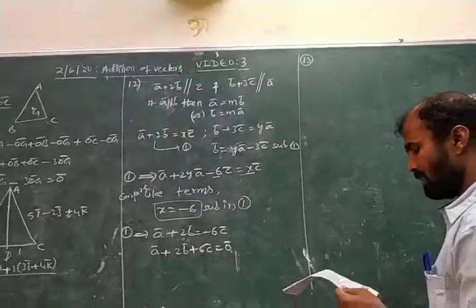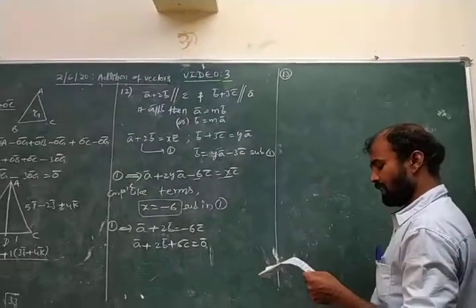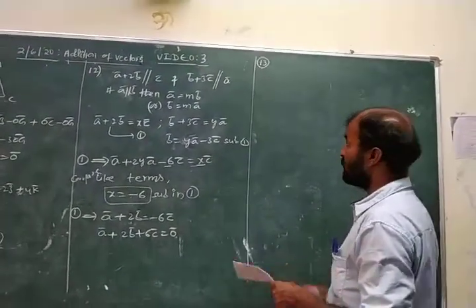D, E, F are the midpoints of the sides AB, AC and BC of a triangle ABC. Then what is BE bar plus AF bar?